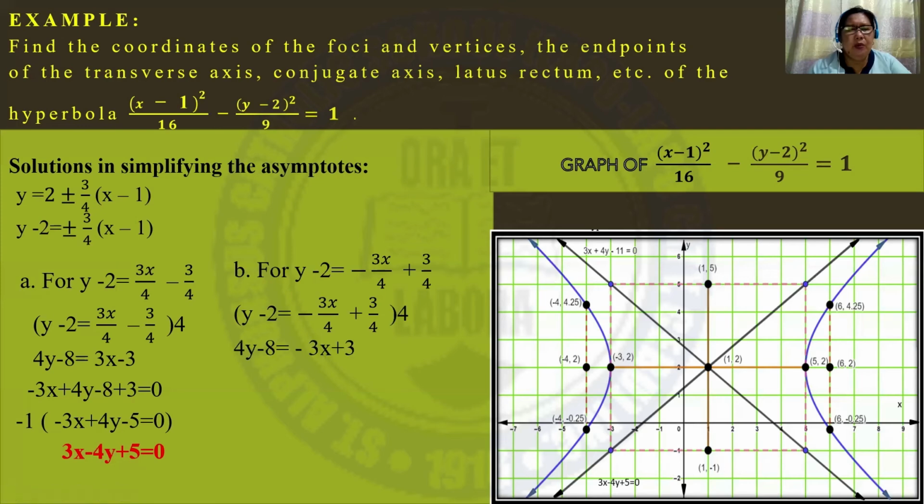So we have now 4y minus 8 is equal to negative 3x plus 3. Then transpose this. So we have positive 3x, just copy 4y, and negative 8, transpose positive 3. So we have negative 3 equal to 0. So what we have is 3x plus 4y minus 11 is equal to 0. So it's here. This line is the 3x plus 4y minus 11 is equal to 0.